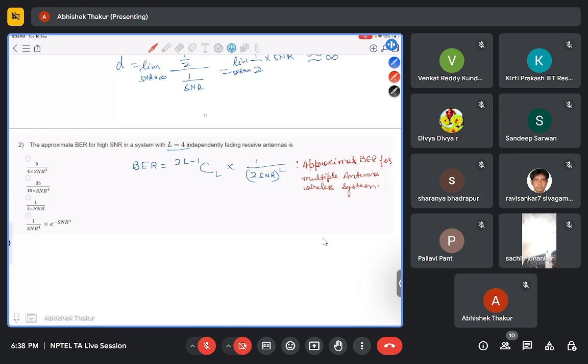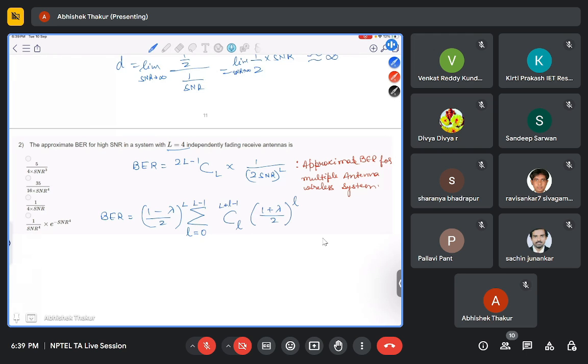Now the actual equation is a little complex, that is 1 minus lambda by 2 to the power of L, summation of l equal to 0 to L minus 1. So this is the actual equation.